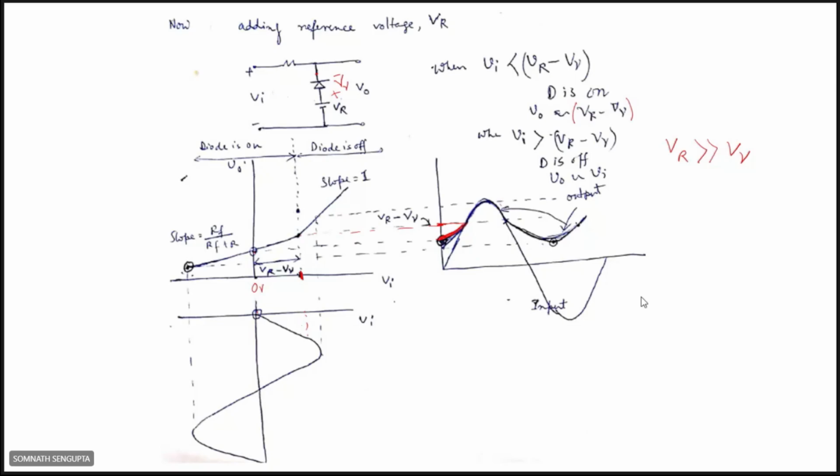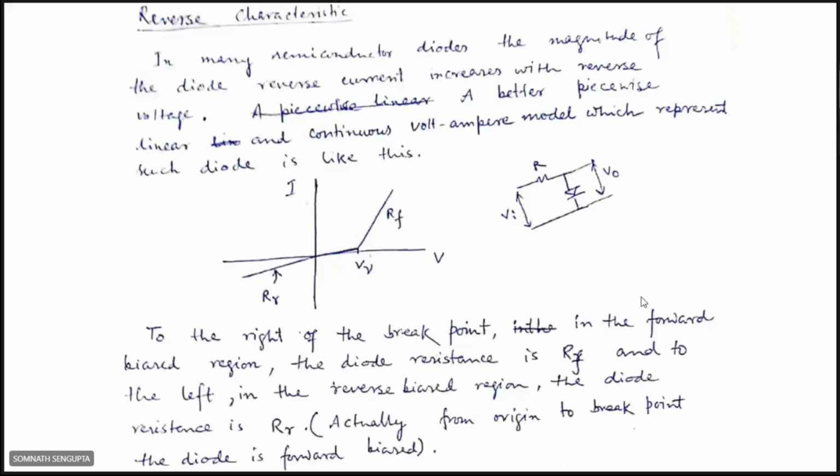Now for more examples we will see here. Another condition is that when the diode is reverse biased, it has very high resistance, but we don't consider it; we assume it is very high, so we ignore it.